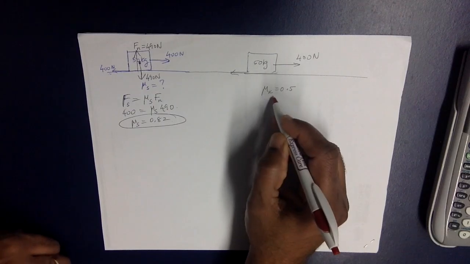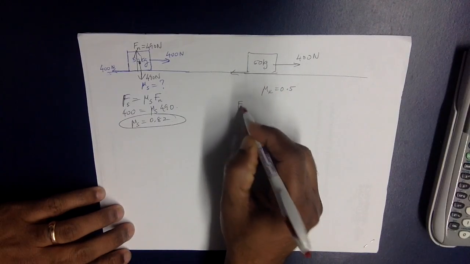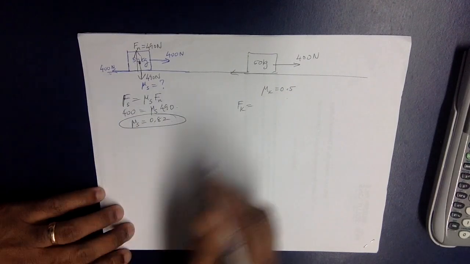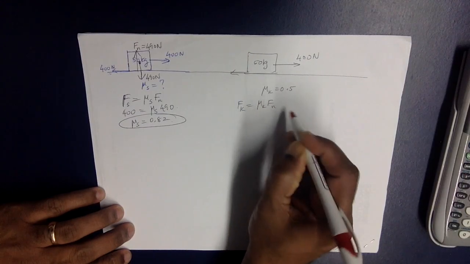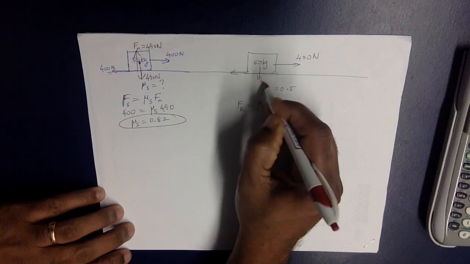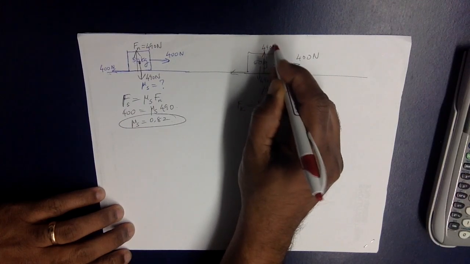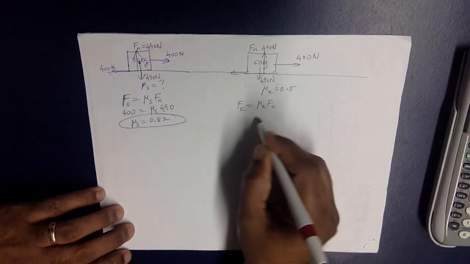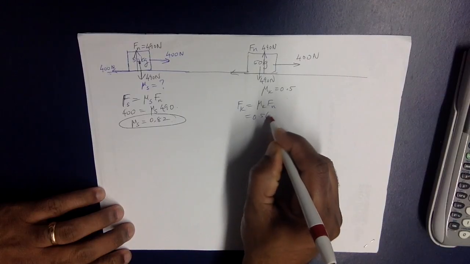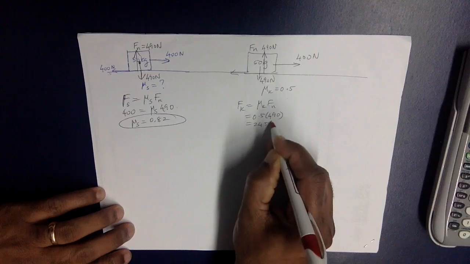So if the coefficient of kinetic friction is 0.5, then the kinetic friction is equal to the coefficient of friction times the normal force. Again, the normal force is 490 because the weight is 490 downward. So 0.5 times 490 is going to be 245 newtons.